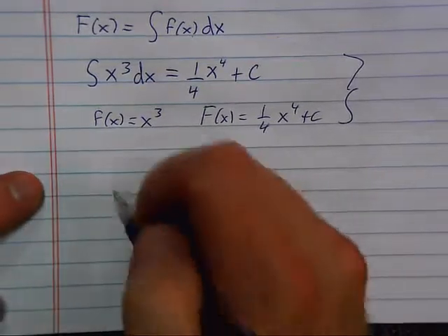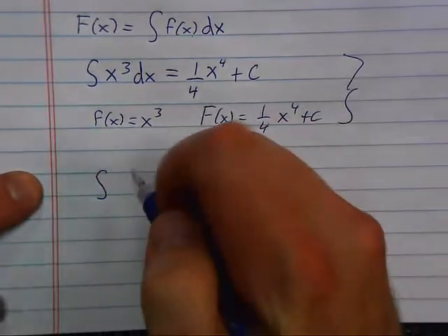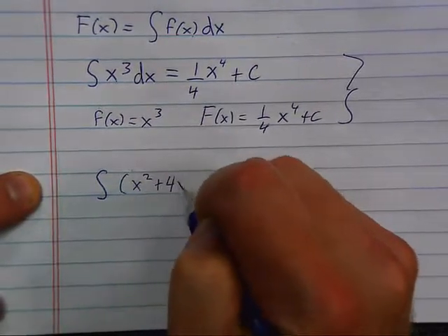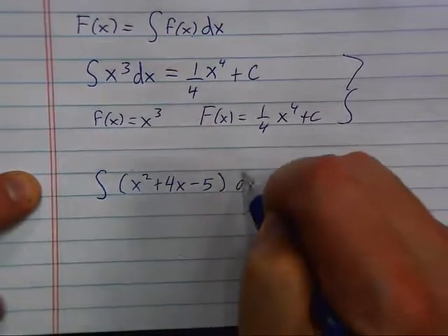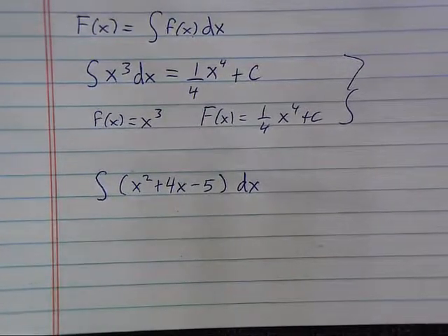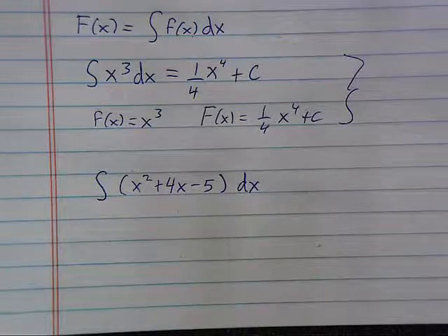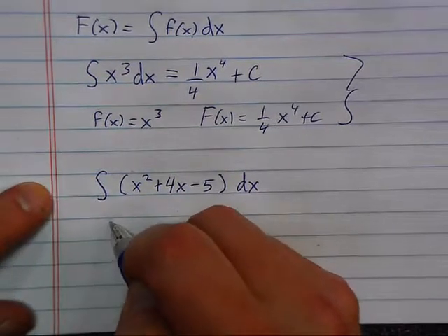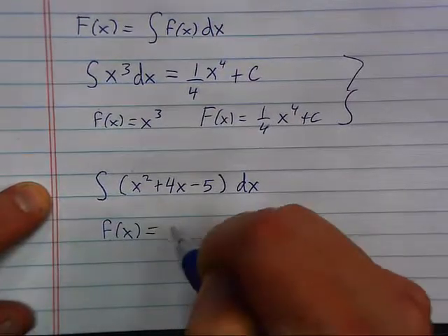Now, what if we have an antiderivative like so, but we've got something more than just x to a power? What do you think you do if you have the antiderivative of x squared plus 4x minus 5? Just remember back to our rules for derivatives.